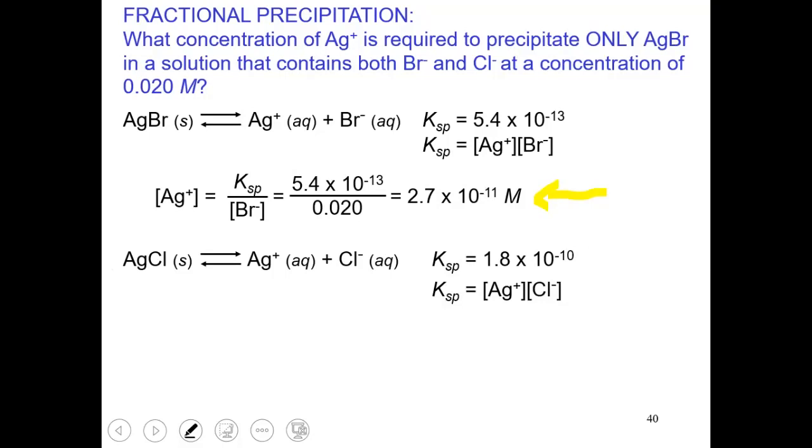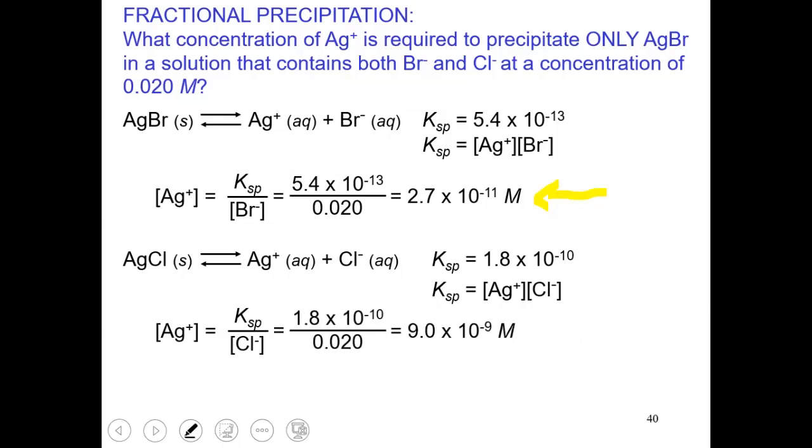And now, just like I did in the previous set here, I'm going to find out what is the silver ion concentration when the system would be saturated. All right, so that'd be KSP divided by the chloride ion concentration. So the chloride ion concentration is also 0.020 molar, but the KSP is a different number.